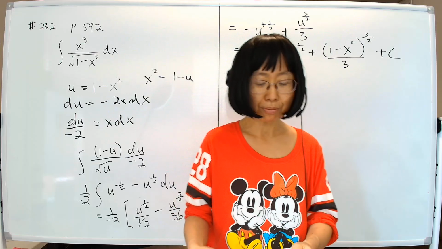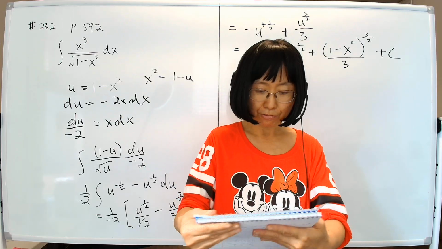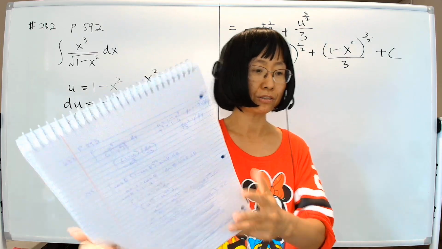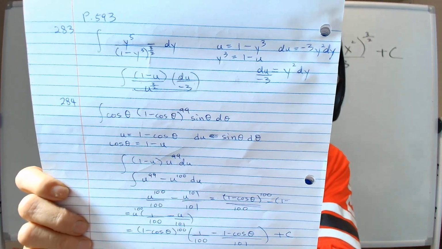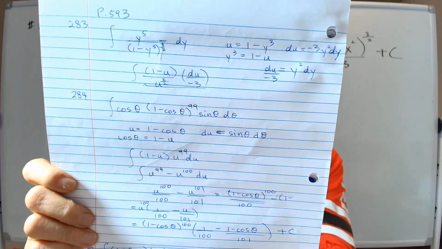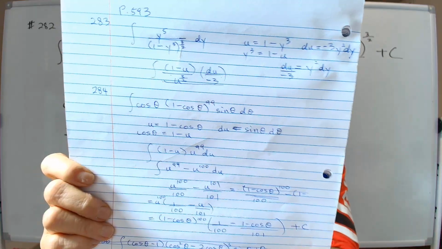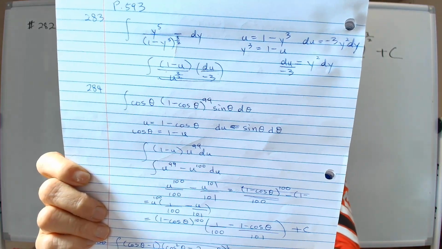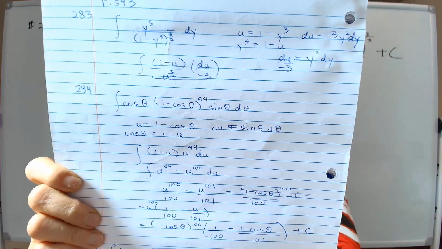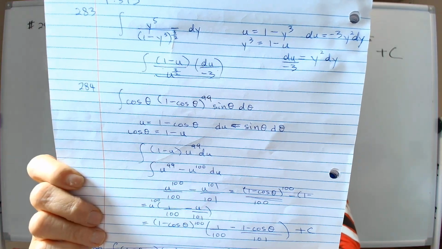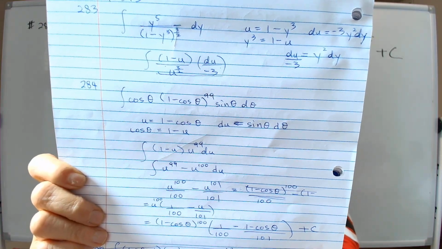Next, let's look at problem 283. 283 is very similar to 282. I will just tell you how to set it up, and then you can do it just like 282, the previous problem, where you set up u equals 1 minus y to the power 3, and everything will come out nicely. Then you calculate du and plug everything in, and it will all fit.